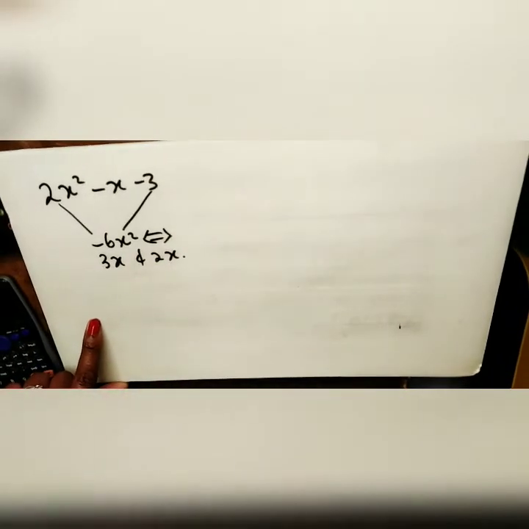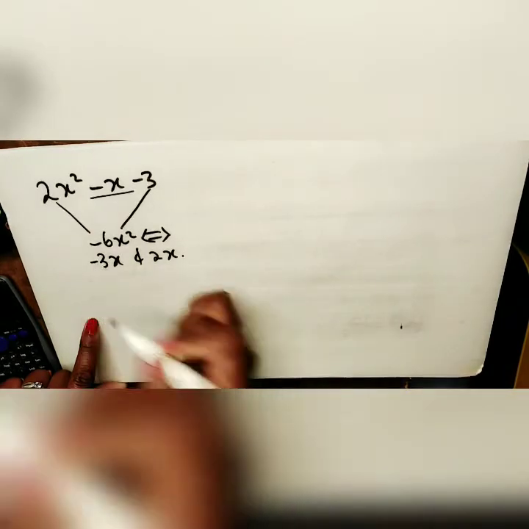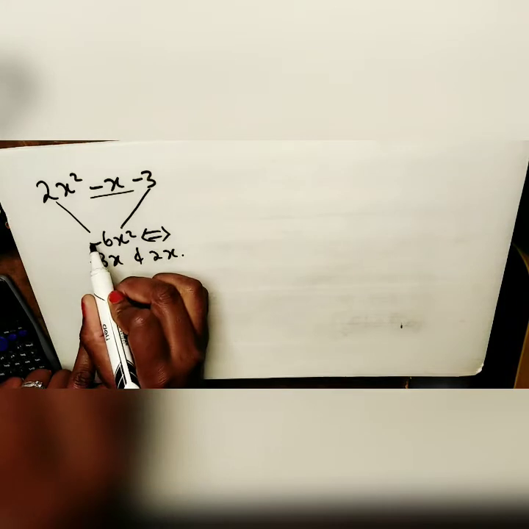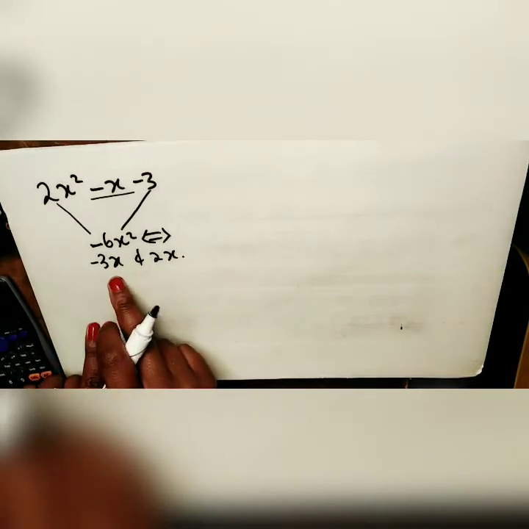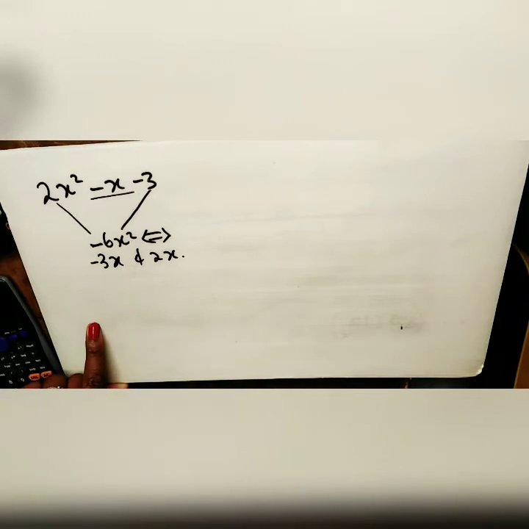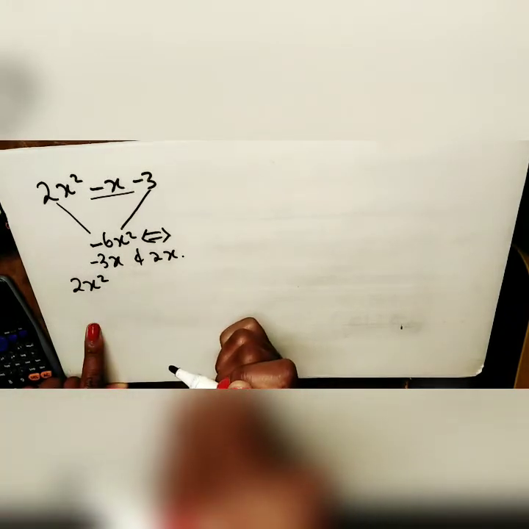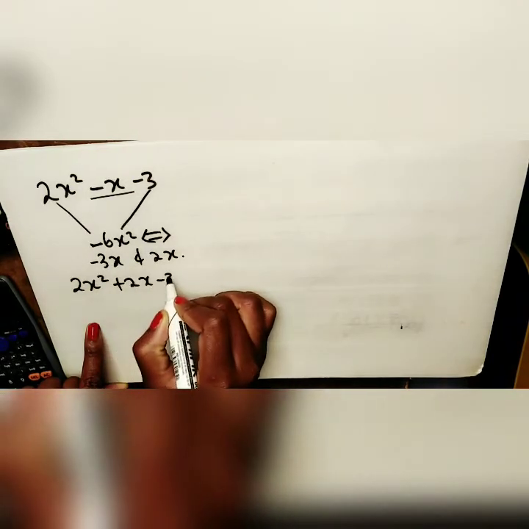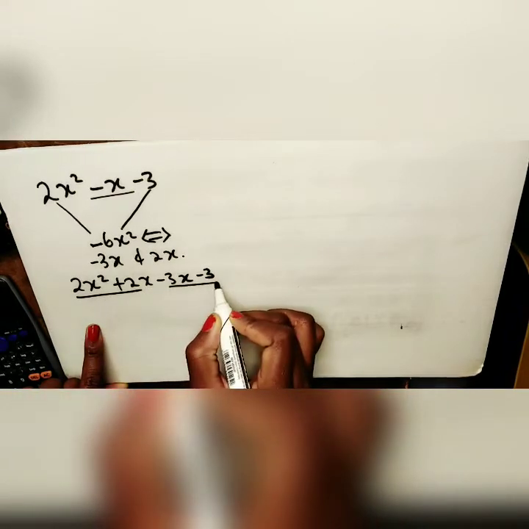But then remember, I said you check your middle term, the signs are negative. So your bigger factor is going to take a negative sign. Why? Because we are having a minus 6x squared there, and a minus and a positive will give us a negative answer, right? So now, in place of minus x, we are writing plus 2x minus 3x minus 3, and then we factorize by grouping.